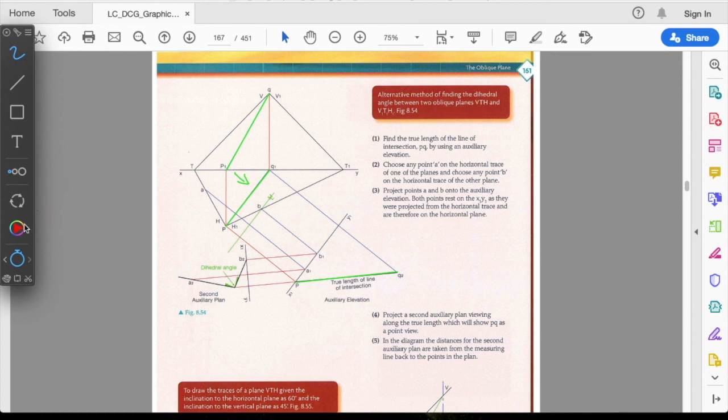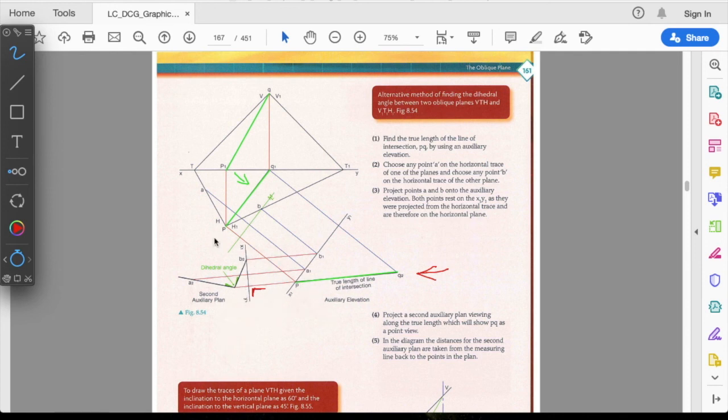Now, the next step is to look along the true length of the line of intersection. So we're going to look this way, okay, to find this auxiliary. So the x1, y1 line here is perpendicular to that line, okay? So we have perpendicular here, true length to the x1, y1 line, okay?